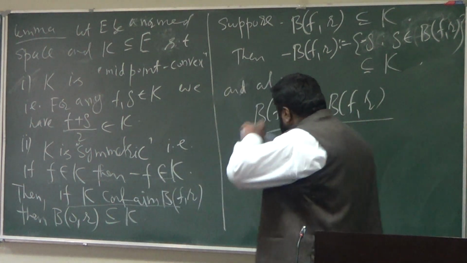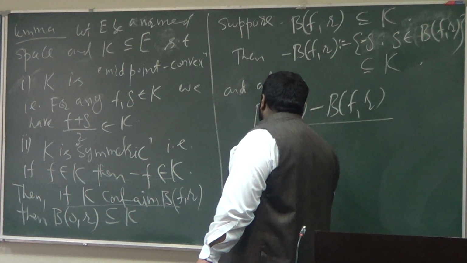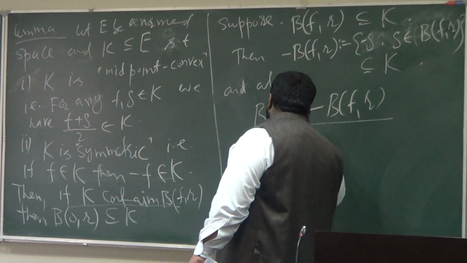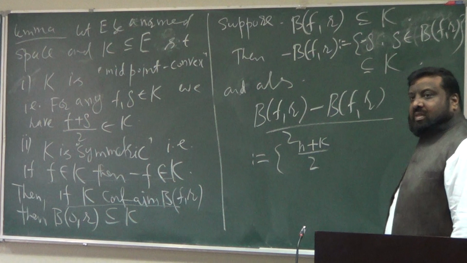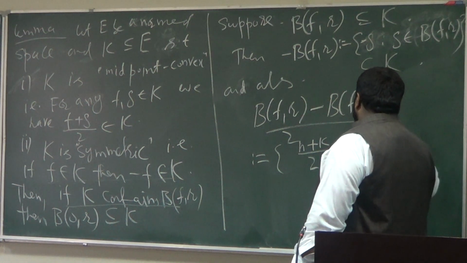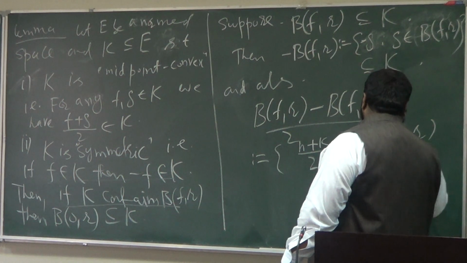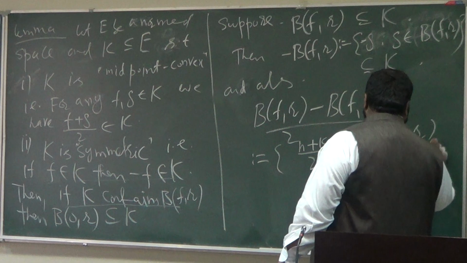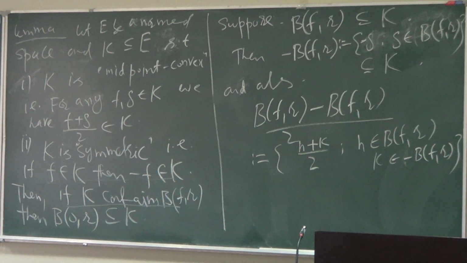It's a collection of some H plus K over 2 such that H is from BFR and K is from minus BFR. Okay, that's the set. The set of all averages of these that you can take.